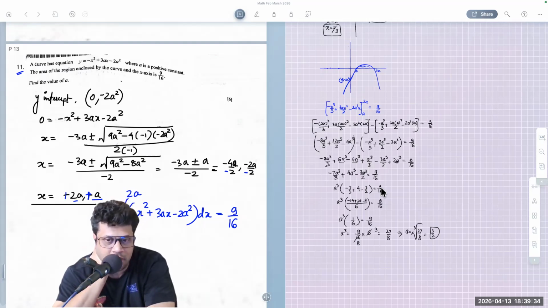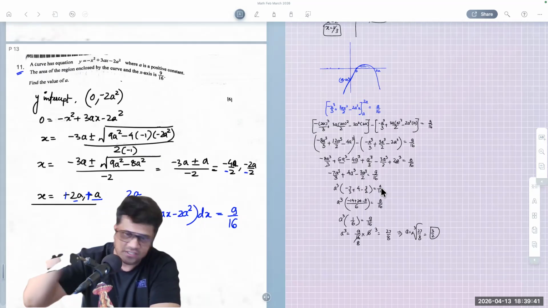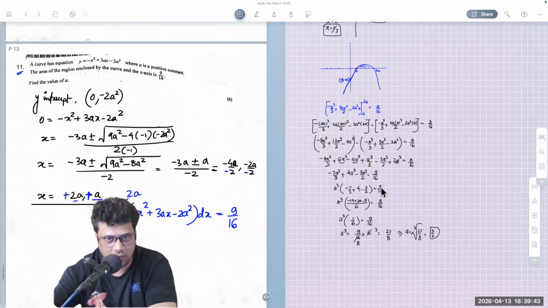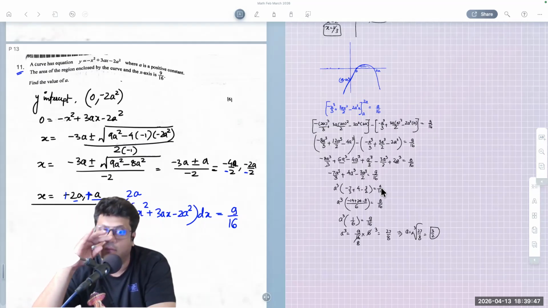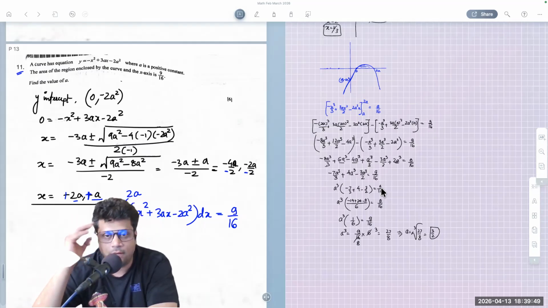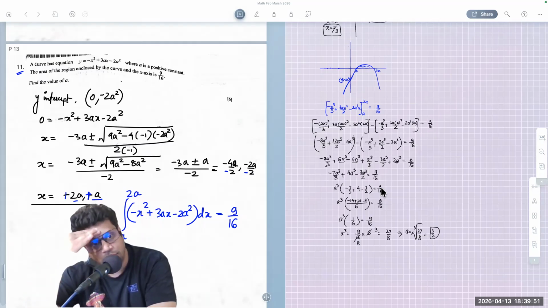You can actually take some time, do the first questions quickly and accurately, and spend a good lot of time on questions like these. Okay. So you are looking at a equals 3/2. Wow.